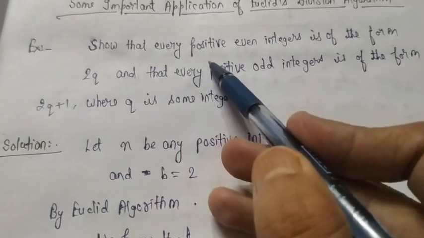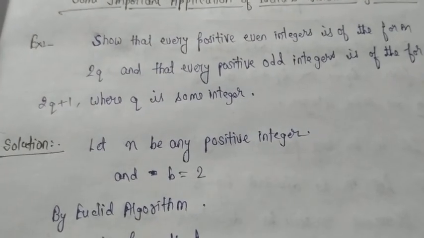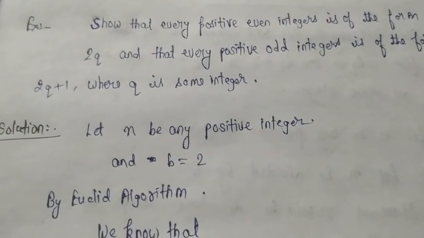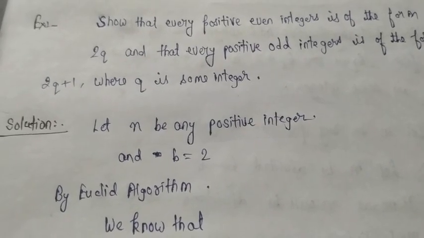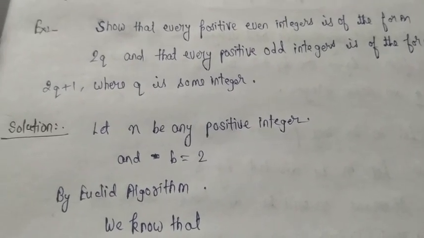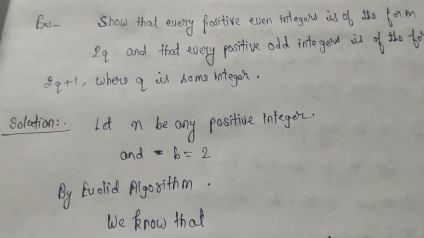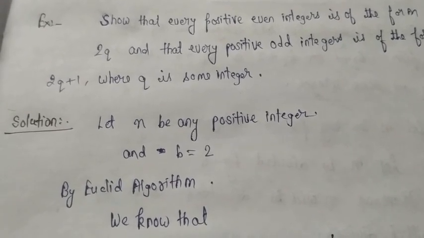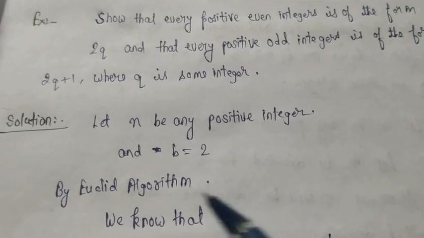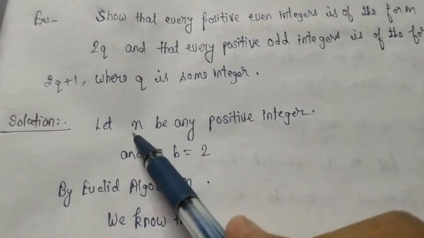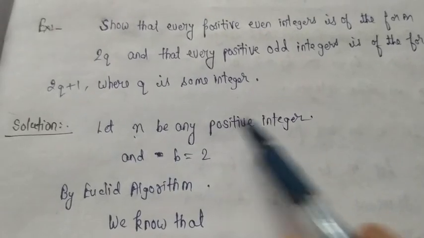Every positive integer, so in this question first we have to assume any positive integer, because in the previous part of this chapter I told you the Euclid division algorithm is applicable only for positive integers. So I have assumed any positive integer, that is n.